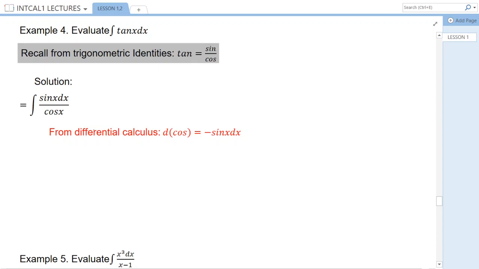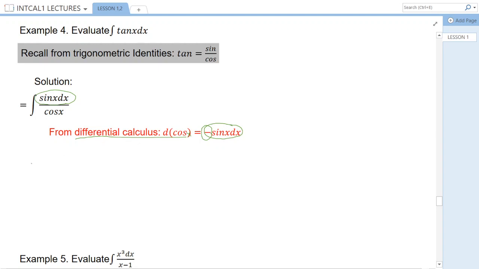Be mindful that the derivative of cosine x is equal to negative sine x dx. Since the numerator here is a positive sine x dx, and the derivative of the denominator is negative sine x dx, let us manipulate again since this is negative. So let us multiply and divide it by negative.